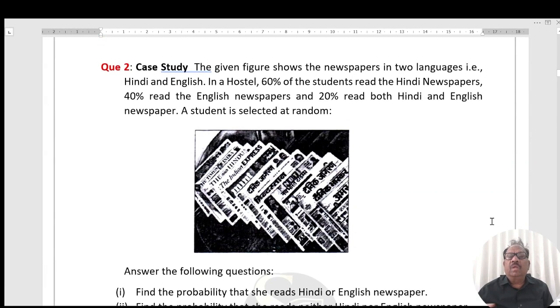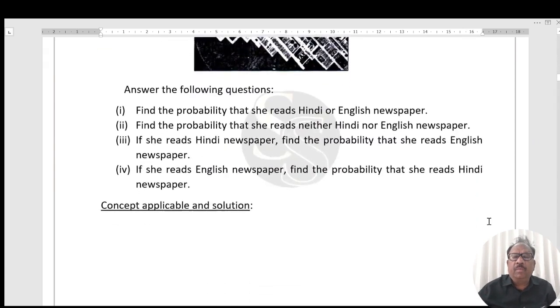Second case: the figure shows newspapers in two languages, Hindi and English. In a hostel, 60% of the students read the Hindi paper and 40% read the English paper.